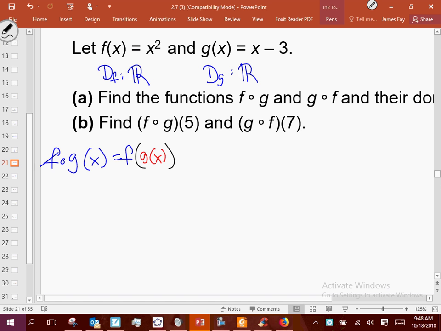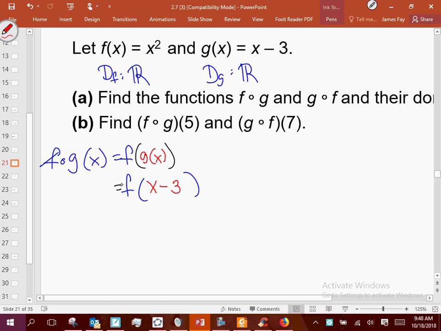Okay, we're going to target that innermost function. We're going to target G of X. So I go pick off G of X, and I replace it inside there. So I'm going to replace G of X with what it was equal to, X minus 3. That makes sense to everybody?